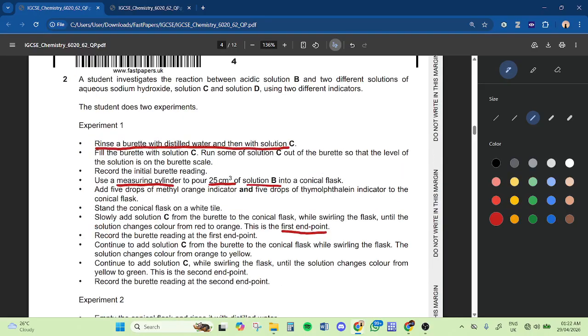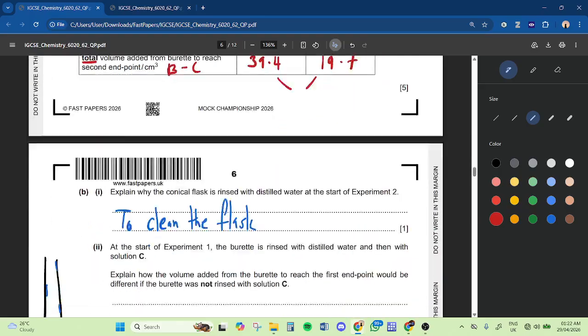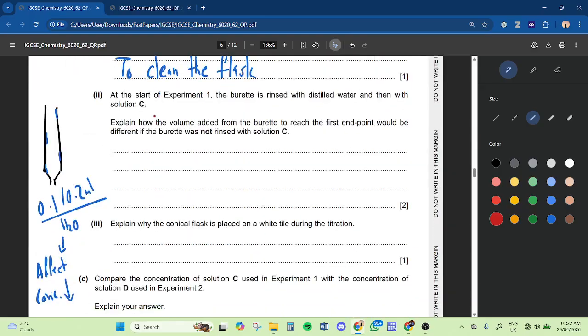You're going to need a larger volume of solution C. So it's going to be larger volume of solution C needed.